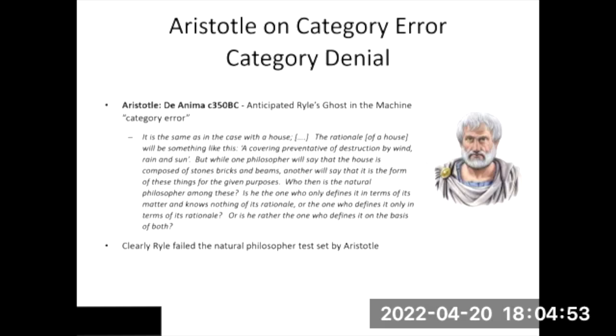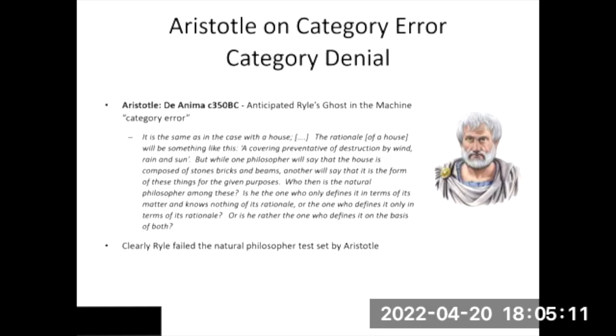But while one philosopher will say that the house is composed of stones and bricks and beams, another will say that it is the form of these things for the given purposes, the ones he's just said about shelter against a storm.